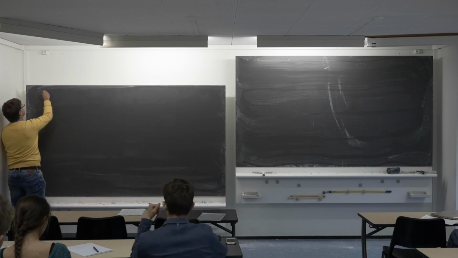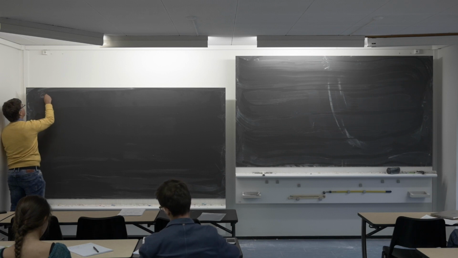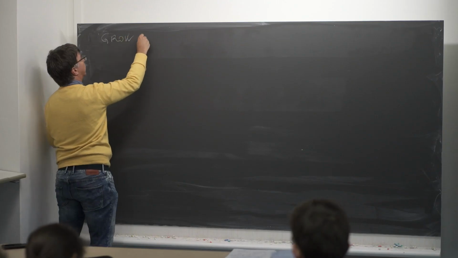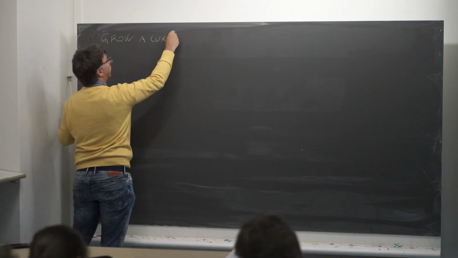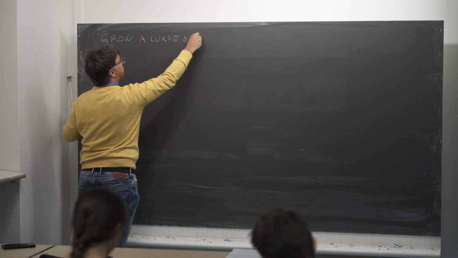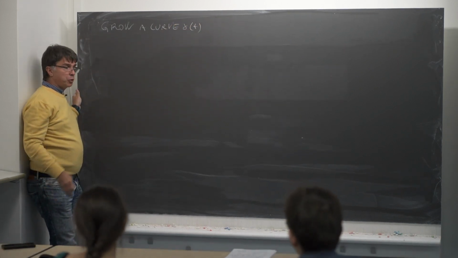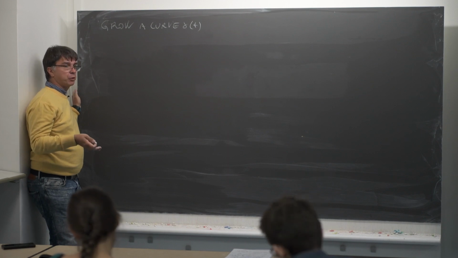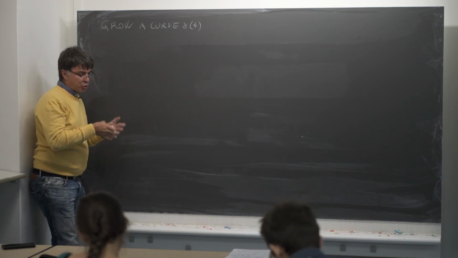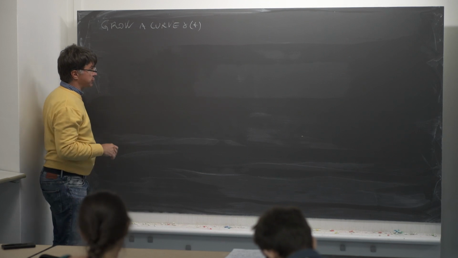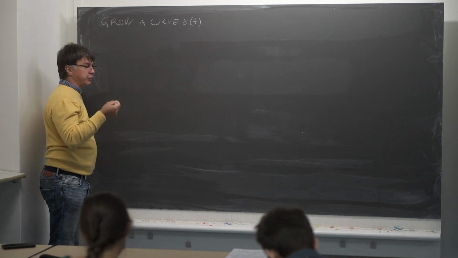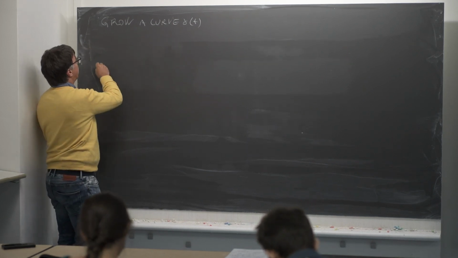We grow a curve gamma of t. It will eventually be something more general. You can imagine just a more general family of sets which is growing, but the important thing is that at any given time they grow at one point.